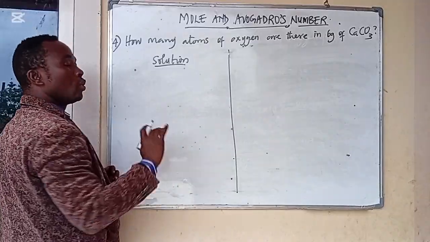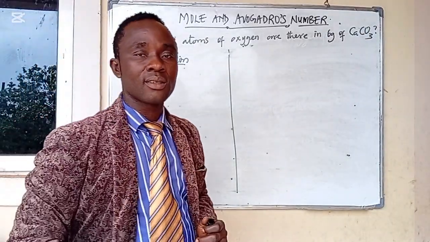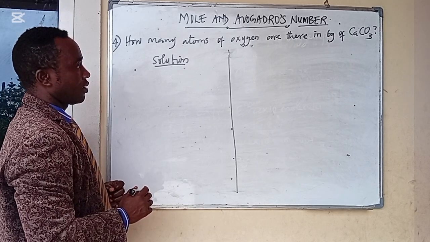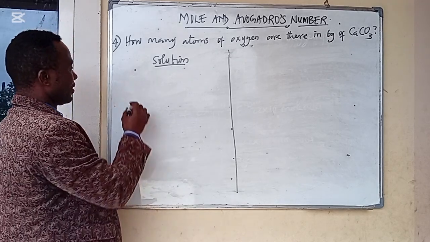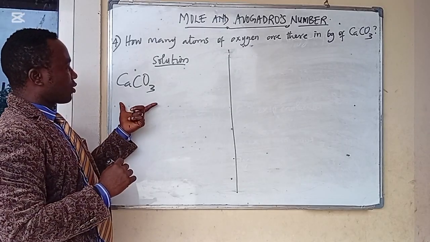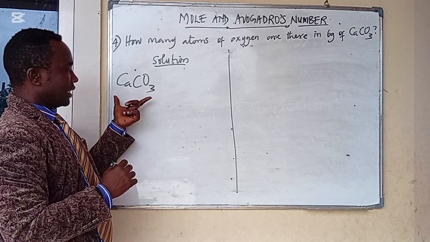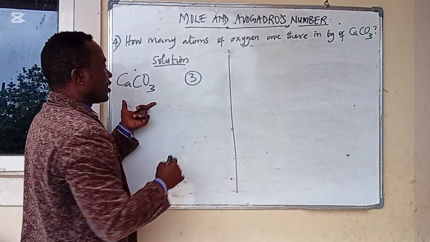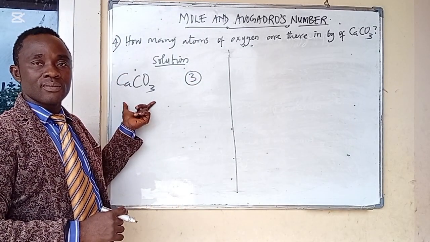Now listen, look at what many students do. Many students will tell you CaCO3. When you ask them how many atoms of oxygen this compound contains, they will tell you simply the number of atoms of oxygen is 3 atoms of oxygen.